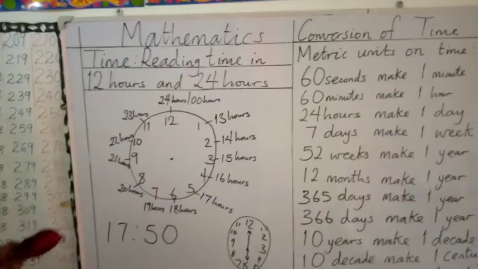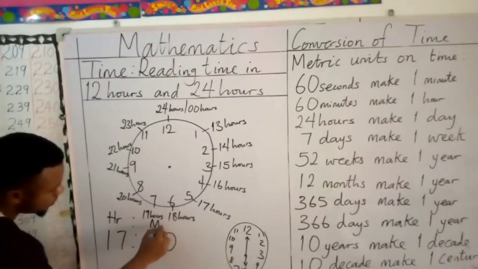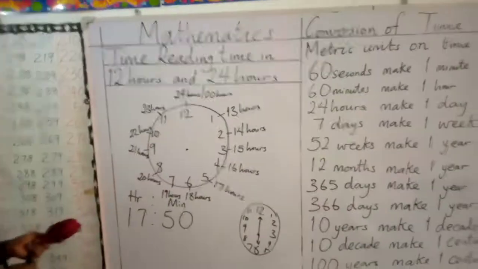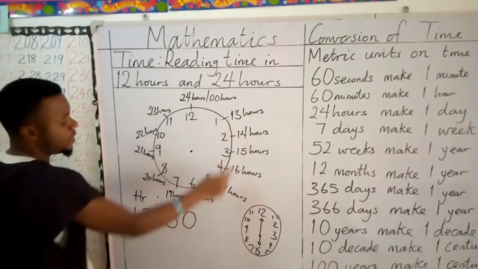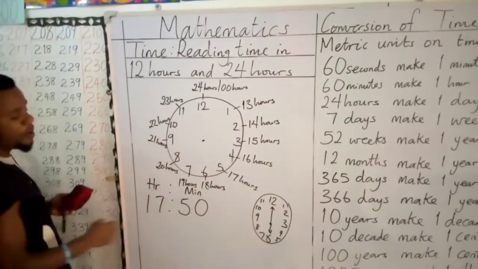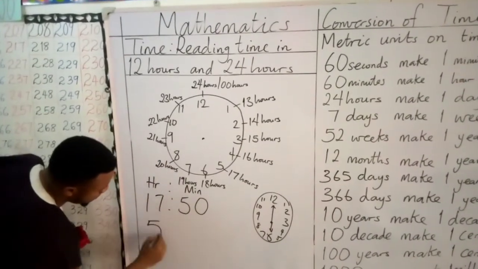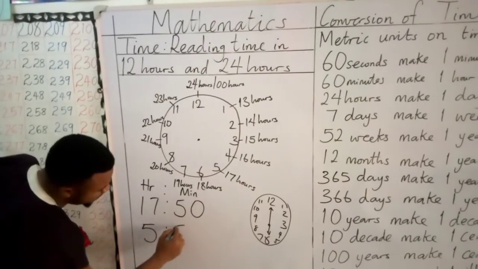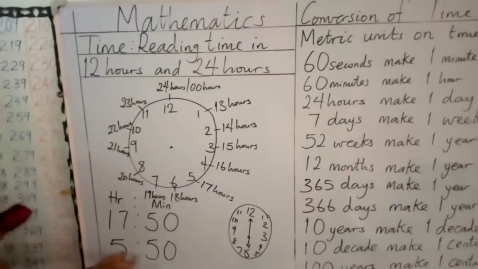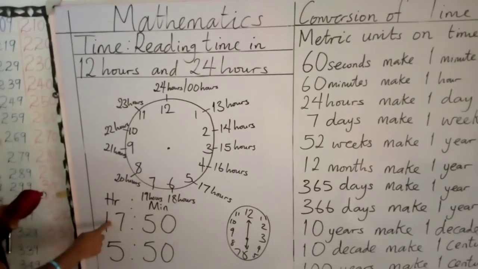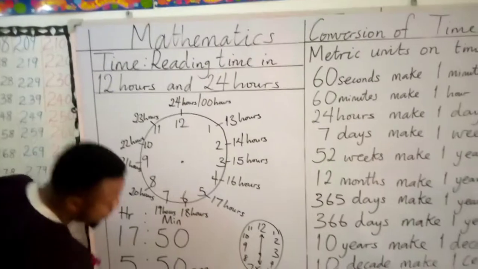Now remember, this is your hour and this is your minutes. Good. Look for your hour, 17. Where can we find 17 here? Okay, 5. Now we are writing this in 12 hours. This remains 50. So you have 5:50. Remember, since 17 has crossed 12, this time is in PM.